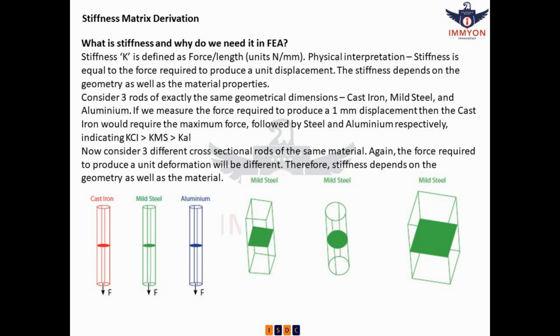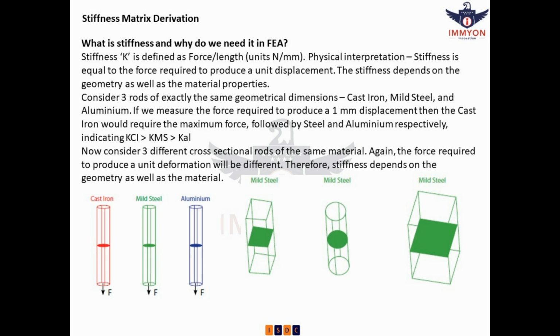Consider 3 rods of exactly the same geometrical dimensions: cast iron, mild steel, and aluminium. If we measure the force required to produce a 1 mm displacement, then the cast iron would require the maximum force, followed by steel and aluminium respectively, indicating KCI, KMS, KAL.